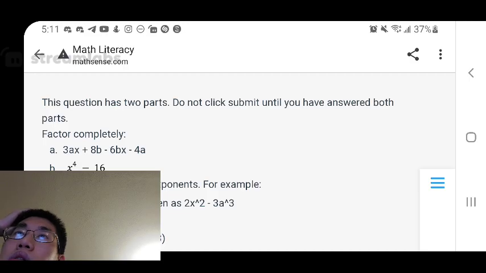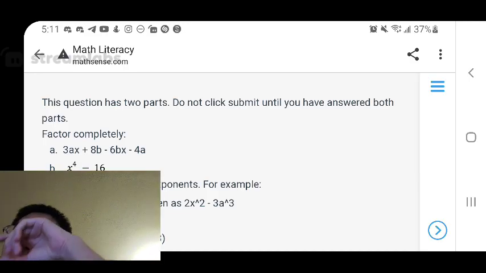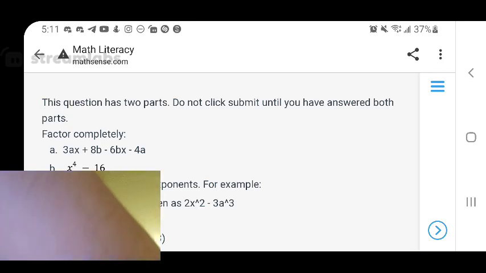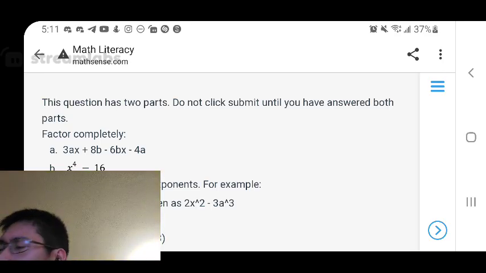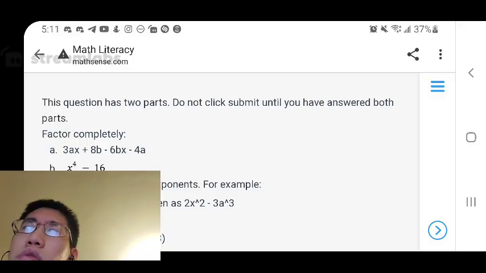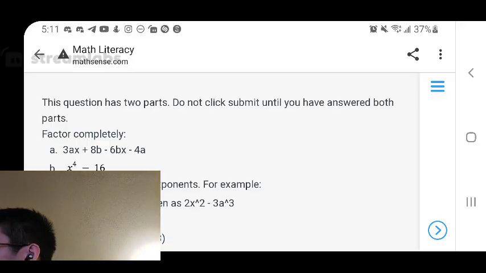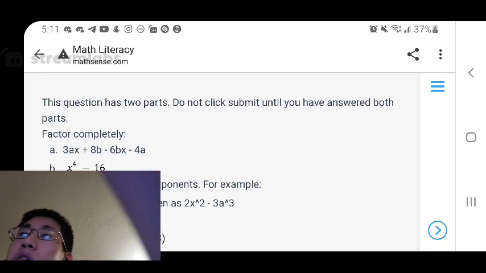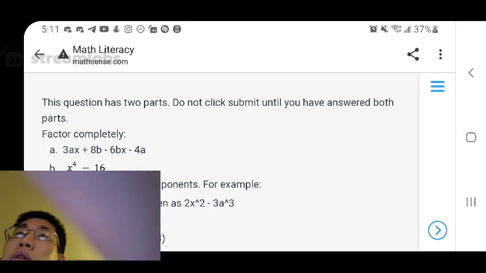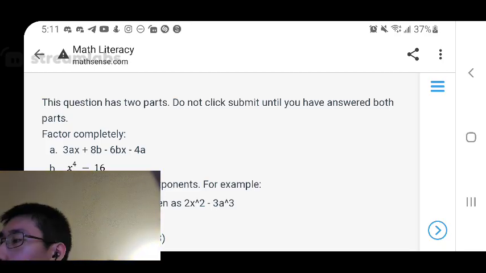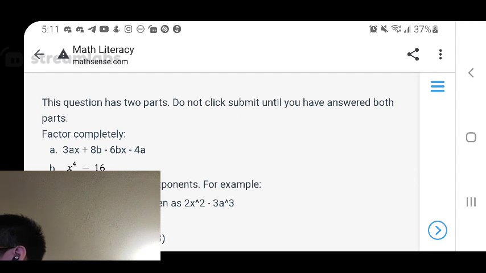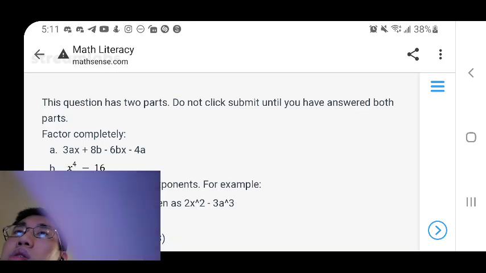Wait. Did I just write both answers? I'm just gonna write the answer and then space it out. A times 3x minus 4 plus b times 8 minus 6x.